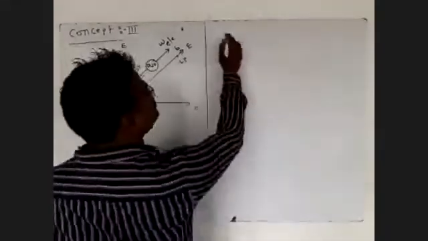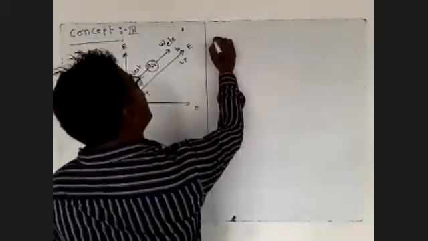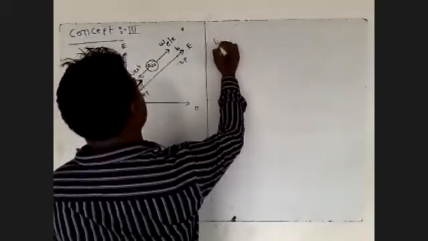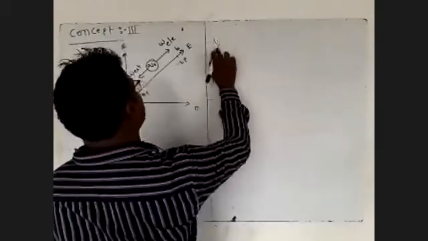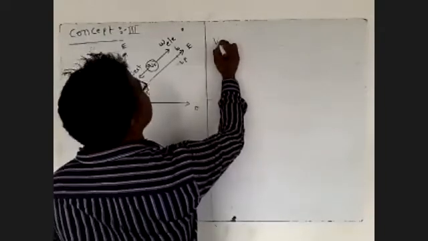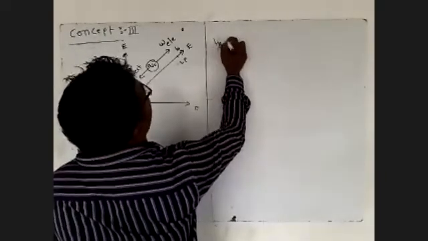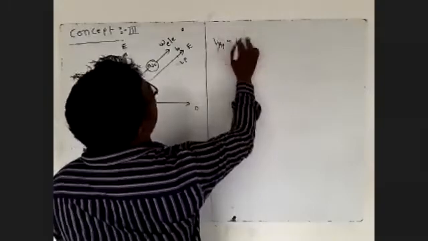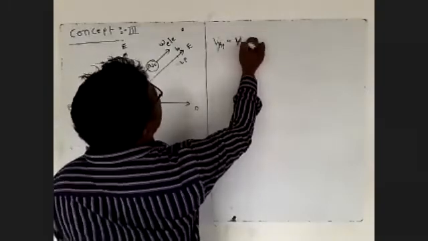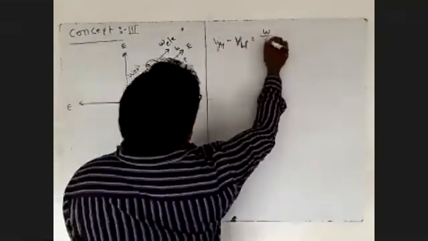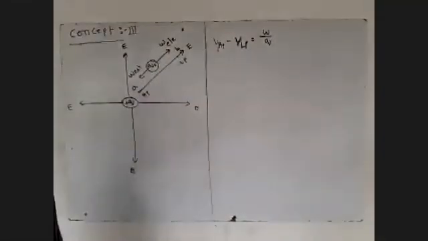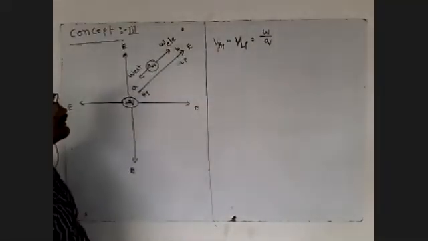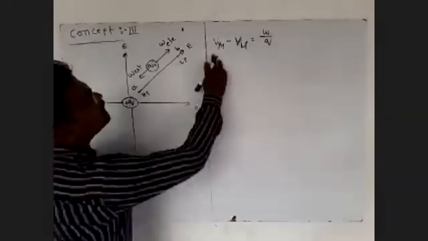First of all, what is the potential difference? High potential minus low potential is equal to the work done by the charge. This is the formula.